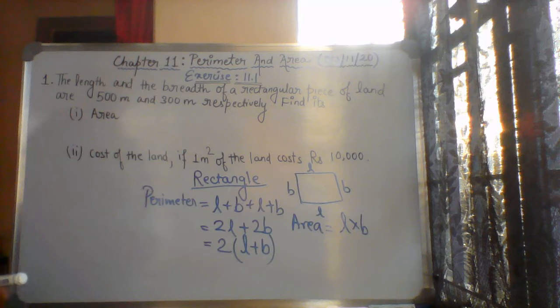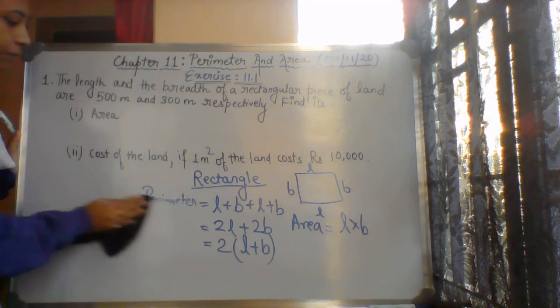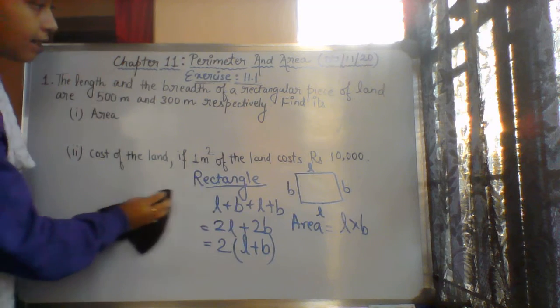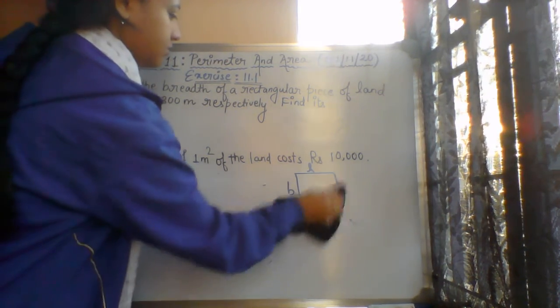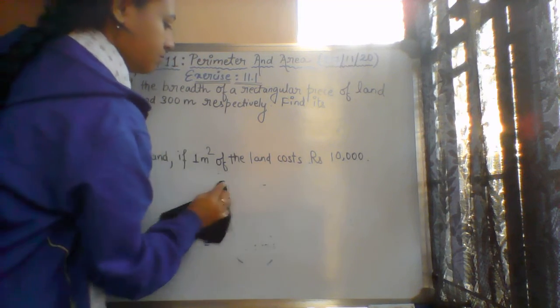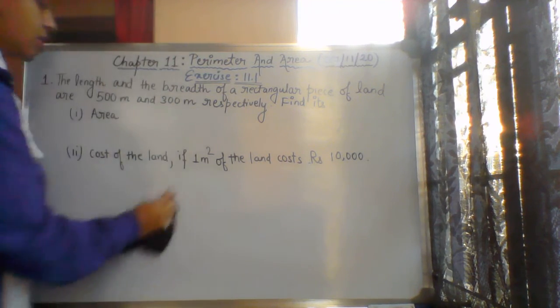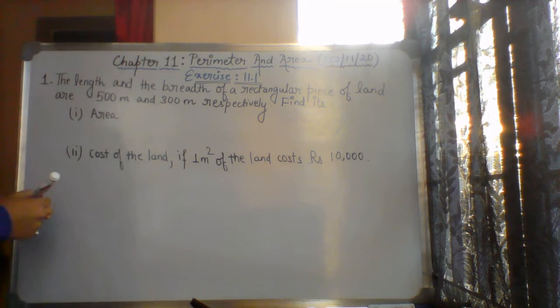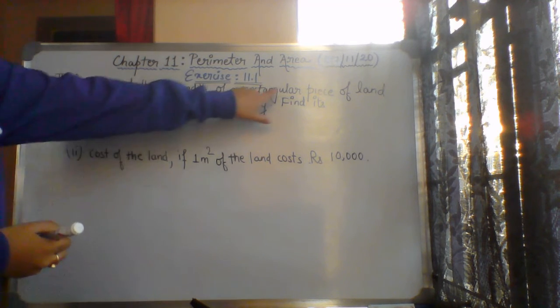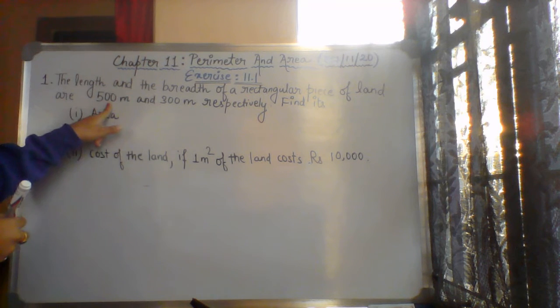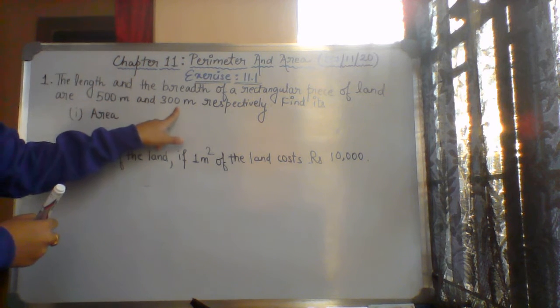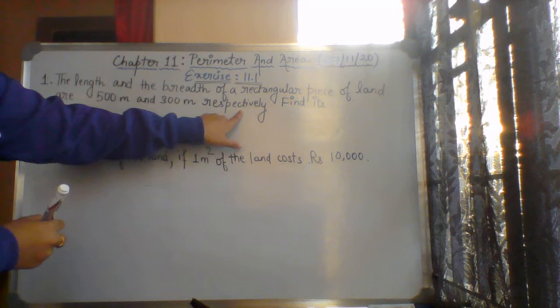Let's start with question number 1. The length and breadth of a rectangular piece of land are 500 meter and 300 meter respectively.